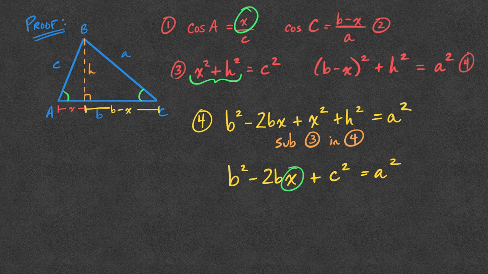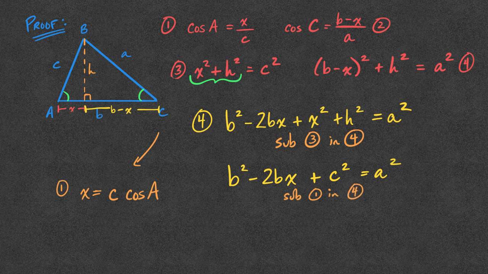So my motivation then is to take equation 1, and I'm going to do this off on the side. There is my equation 1, and I'm going to do what we did previously. I'm going to multiply out my c. So I get c cos A. That is what x is equal to. And I can now sub that equation 1 into this new equation I have, which I'll still call 4.